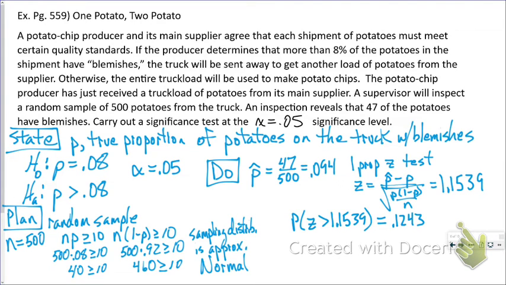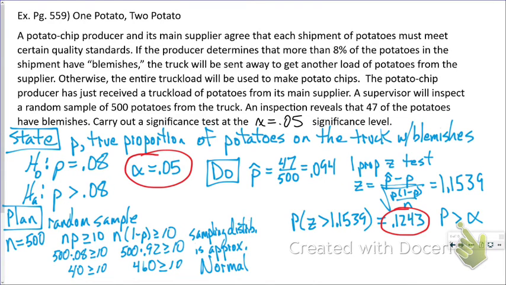That is the p-value right there. That's the final number we've been working for, the p-value. We need to compare that to alpha. You can do it in the do step or the conclude step. I usually do it right away in the do step, and it is larger than alpha, which means that this number right here is being compared to this number right here, and that dictates how we conclude.